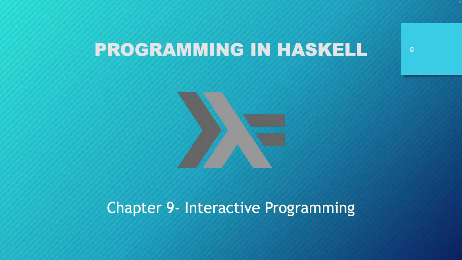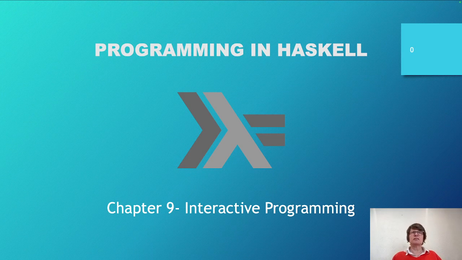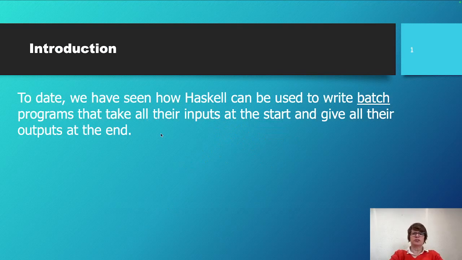And specifically, what we look at are the different types that indicate that something is performing I/O, or what we call an action. Okay, so we'll get started on it. So to date, we've seen how Haskell can be used to write batch programs or little functions.